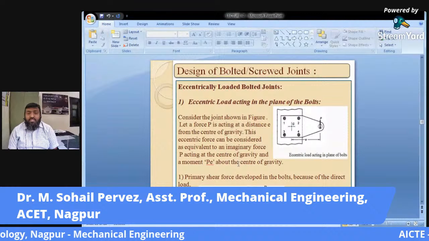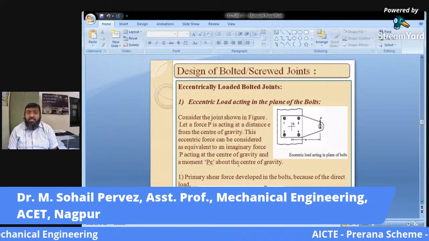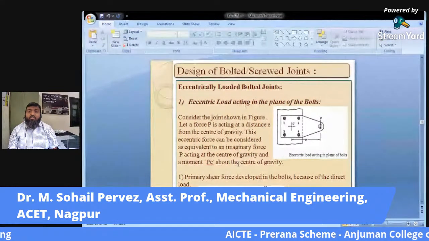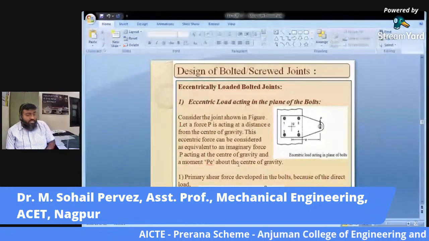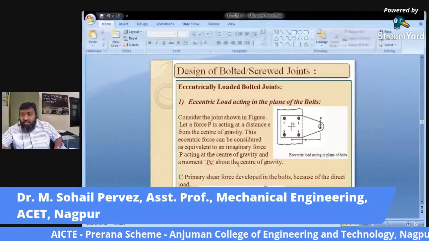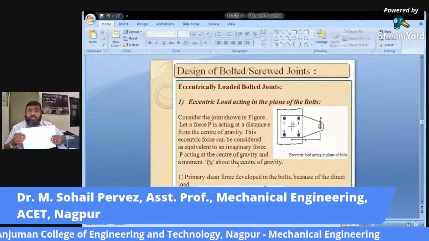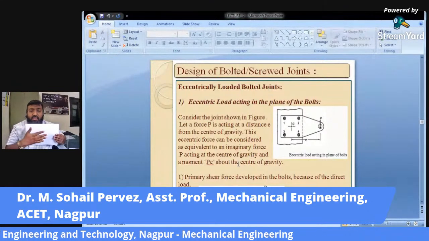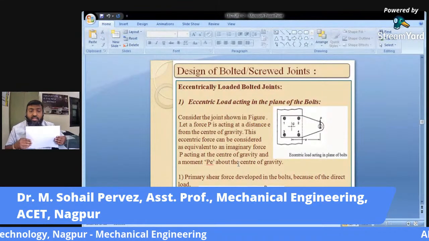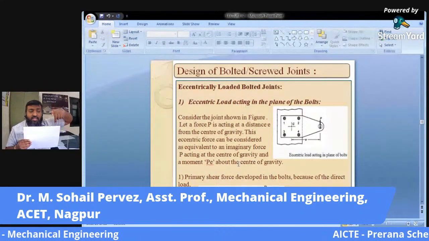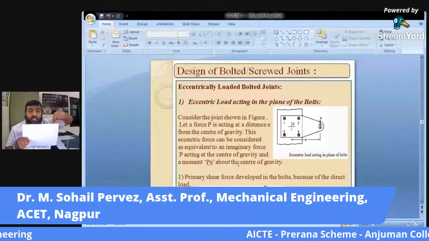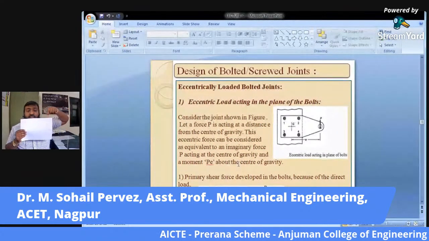So the first case which we are dealing with is eccentric load acting in the plane of bolts. When we say in the plane of bolts, it means that the bolts are lying in this plane, and the load is acting in the same plane.